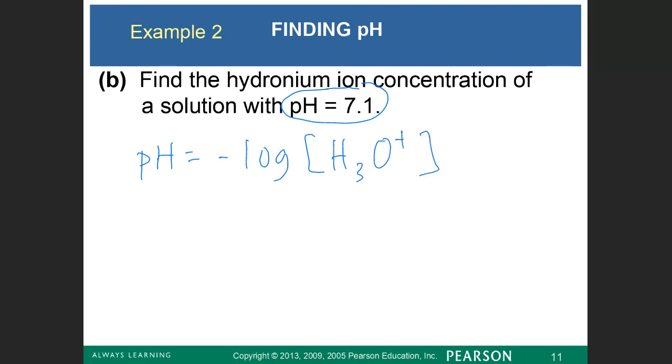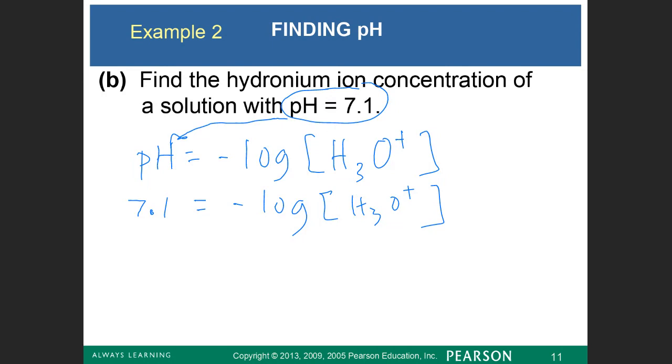That's the hydronium ion concentration. And we just plug in the 7.1 here. So 7.1 is the value for pH, equal to negative log of H3O plus.